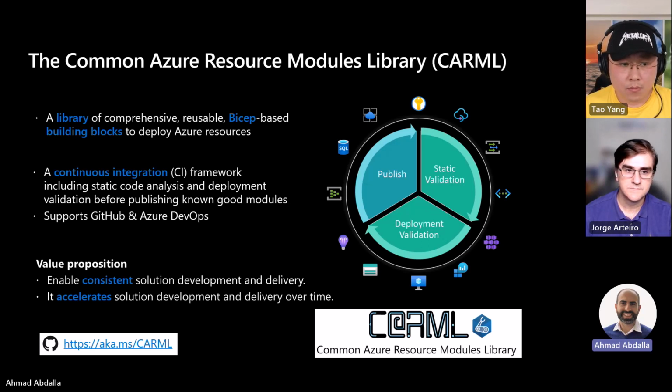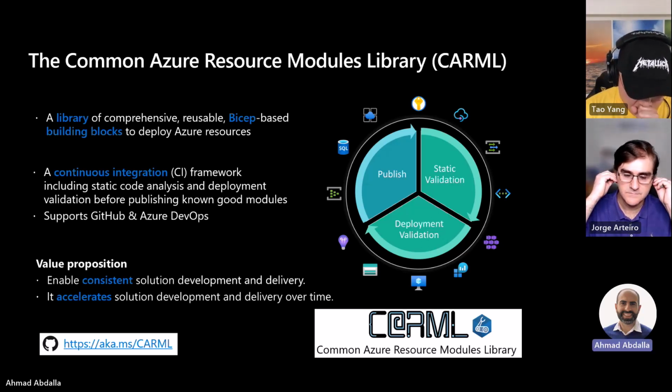CARML also includes its CI framework, so it has its own engine to help test, validate and deploy modules. I'll definitely dig into those in a bit more detail. We also support both GitHub Actions and Azure DevOps.